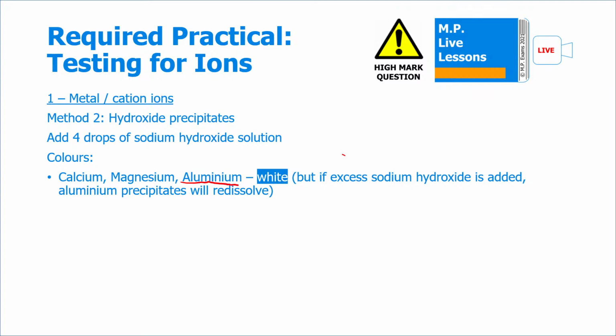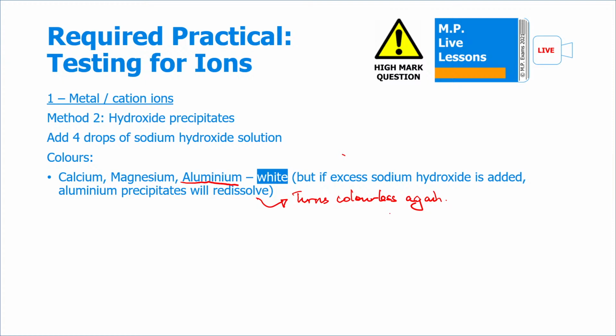This is where if we put more sodium hydroxide in, as in excess, the precipitate, which is a white solid that's not soluble, will redissolve again and turn colorless again. So basically, if it turns white and then colorless again, it's aluminium.